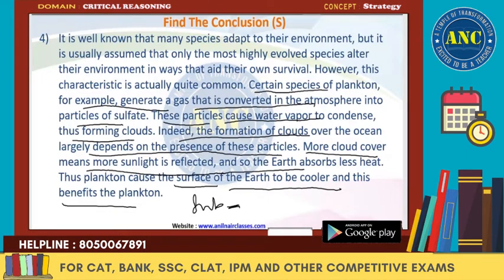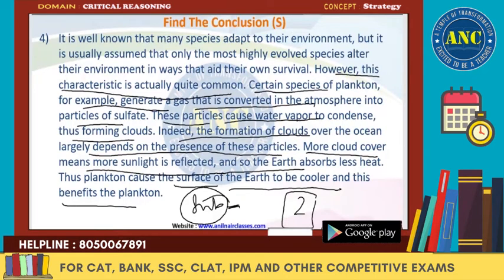sub-conclusion. And which is the main conclusion? The main conclusion is that this characteristic is actually quite common. That's the main conclusion. And if you look at it, we've also found a sub-conclusion. Hence, there are two conclusions for this argument.